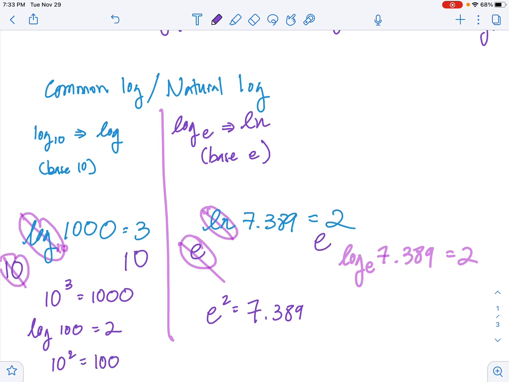The natural log one is a little harder to do, but pretty much just apply e to both sides and the ln and the e will cancel out.